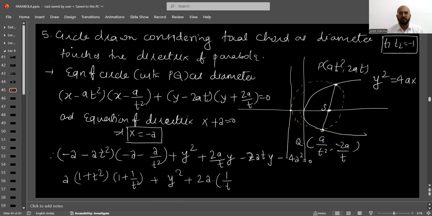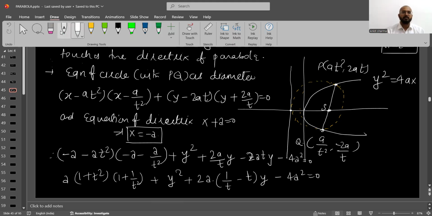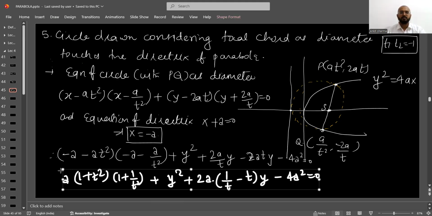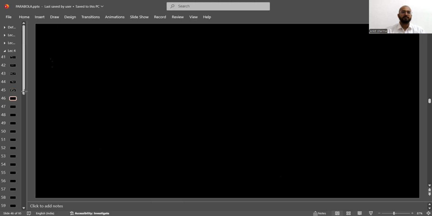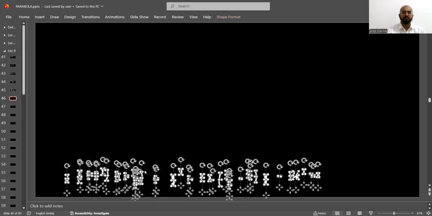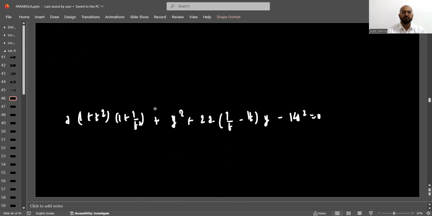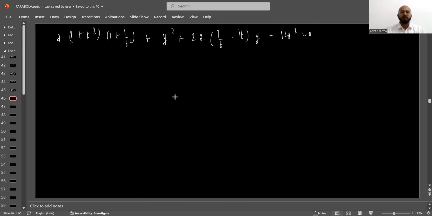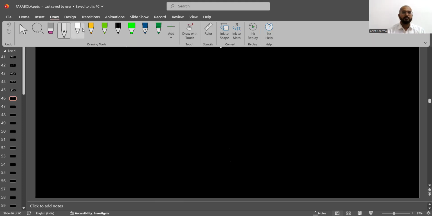So this gives me 1 over t minus 1 minus t into y minus 4a square is equal to 0. Now we can multiply and rewrite this equation. Okay, no problem. Ultimately, we have to multiply.